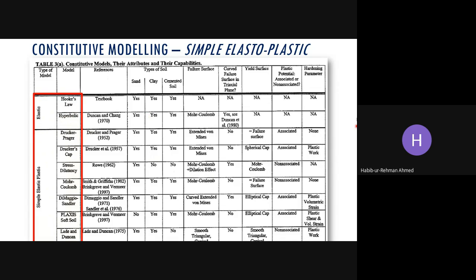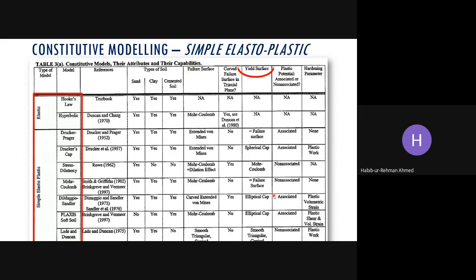So this table can provide you for your future reference whether these models are applicable to different types of soils. For example, is this model applicable for sand, clay, and cemented soil? Yes, yes, yes. Then what type of failure surface does each one use? For hyperbolic, this is Mohr-Coulomb, and even for Plaxis soft soil, Mohr-Coulomb is the failure surface.